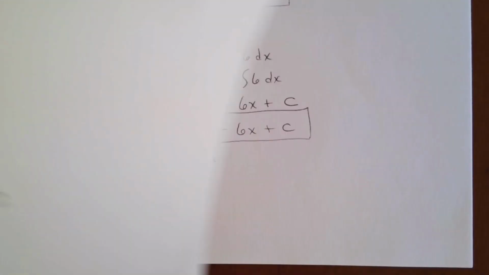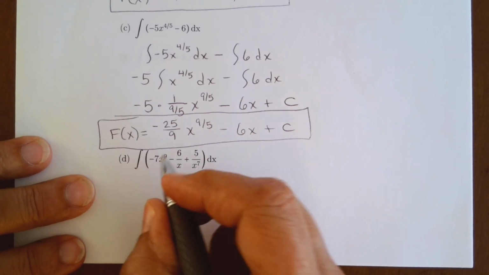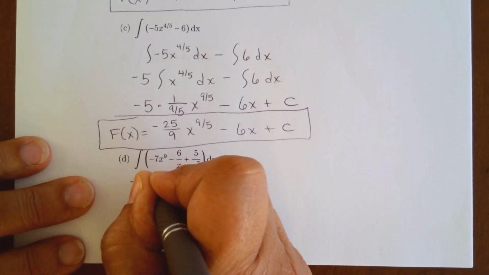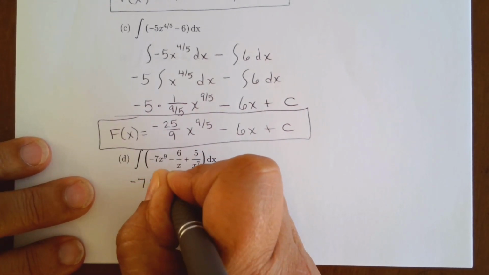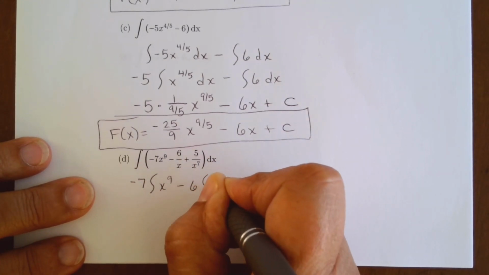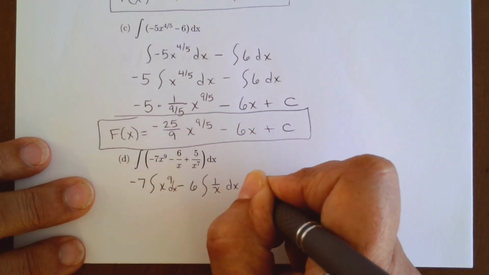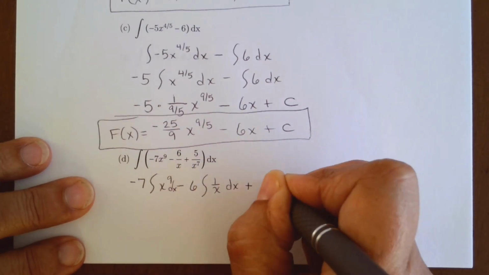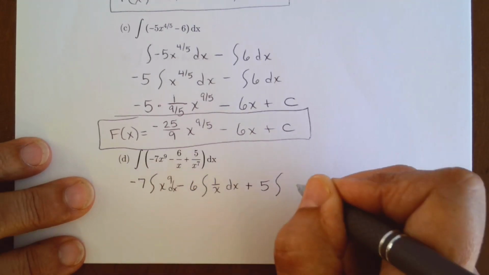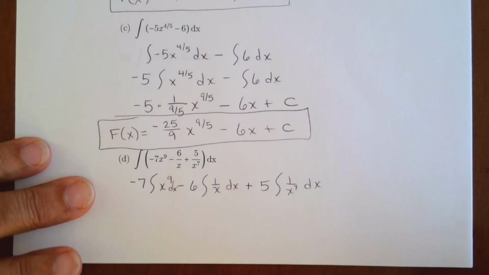Okay? All right. So we're going to break this up. I'm going to go and put the constant out first. So we've got negative 7, and then we're going to integrate x to the 9th. Minus 6 is your constant. That would leave you 1 over x. We've got dx there. Dx here, and then plus 5 is your constant. This is 1 over x to the 7th dx.